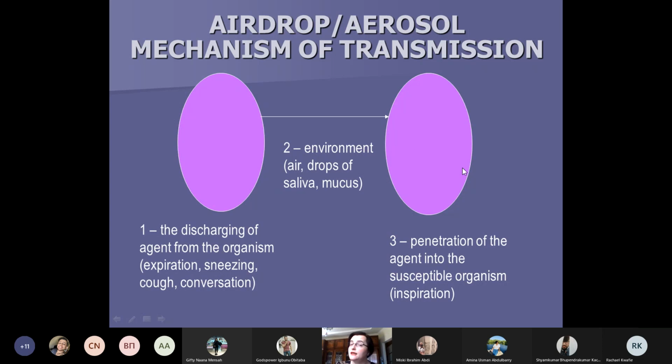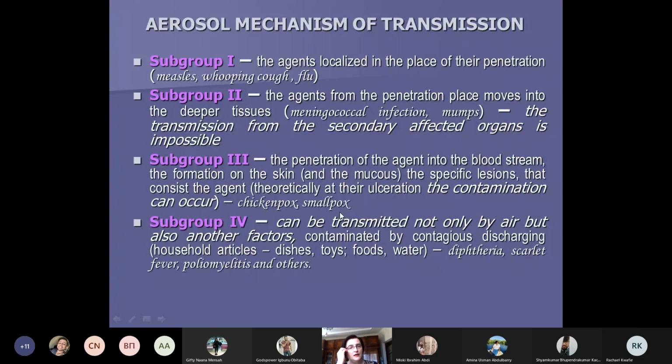And the third chain and second egg is the susceptible organism, penetration of the agent into the susceptible organism, as a rule by inspiration. Here you can see a very interesting epidemiological classification by the mechanism of transmission and also by the possibility of transmission from the primary or secondary place of infection.